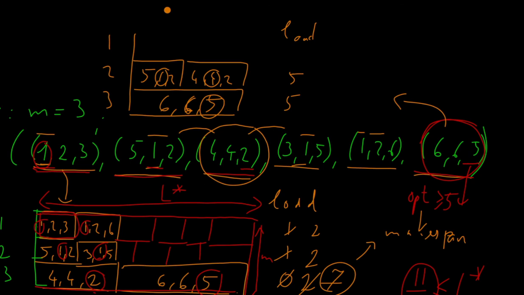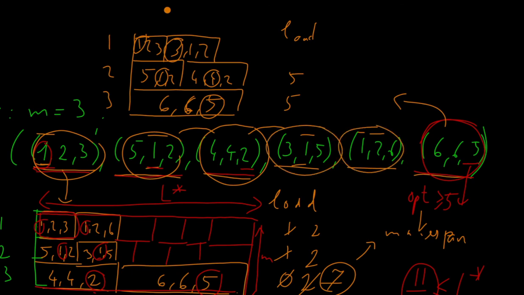Now let me check whether we handled all these other jobs. So 1, 2, 3 is okay because it's only 1. That's handled. Then I have this 3, 1, 5. This is larger, but it's done. And then we have this 1, 2, 6, which also has a cost of 1 on this machine, so the load is again 5, which means that we are able to make a schedule of cost 5.